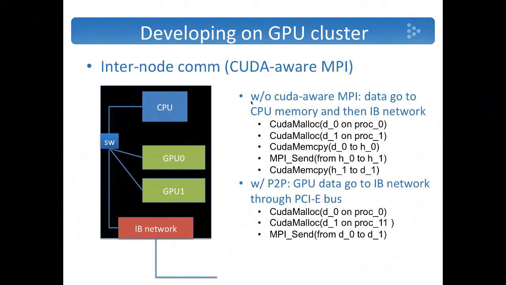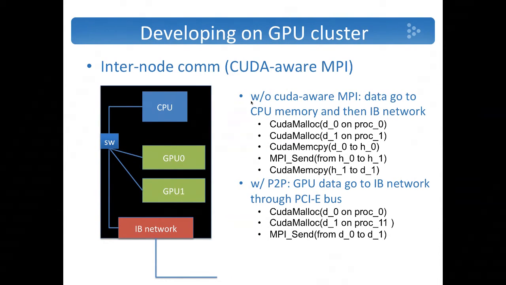So that's what we used to do. Before the CUDA-aware MPI, we allocate the memory on GPU for different processes, and we copy the memory from GPU to the host, and then we use the InfiniBand network or other kind of network to transfer the data through MPI to other nodes. But nowadays we have a CUDA-aware MPI. So if you're using CUDA-aware MPI, that means the MPI send or MPI receive function can accept the device memory pointer.